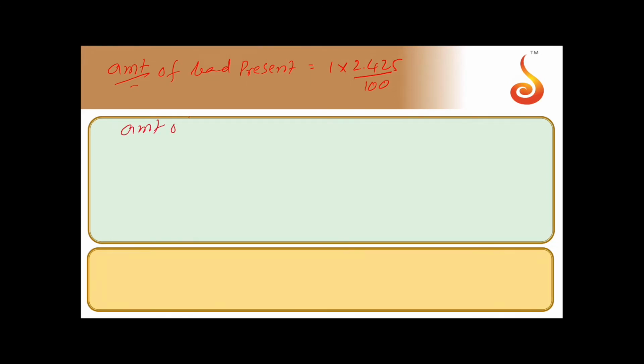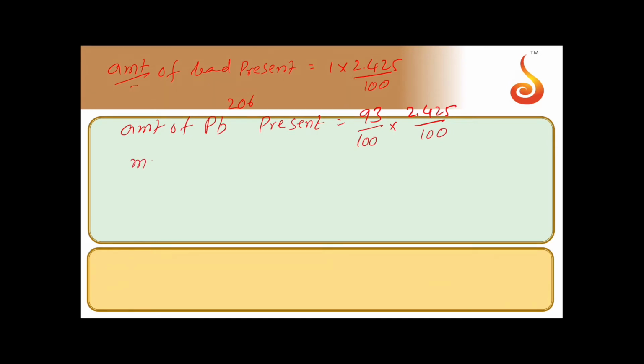Therefore, the amount of Pb-206 present will be 93% of this, so again 93/100 into 2.425/100, which is the amount of lead that is present.